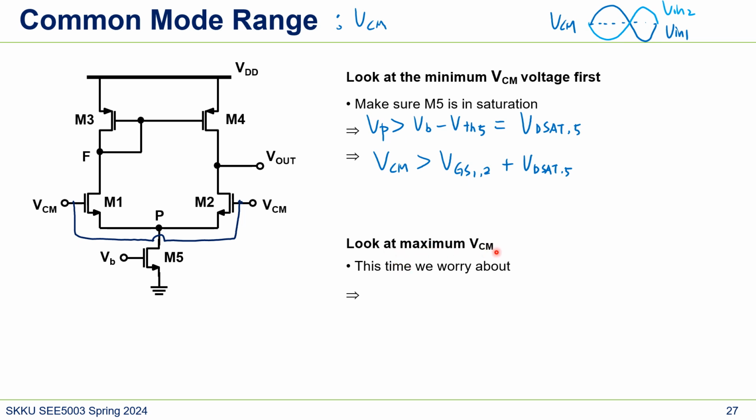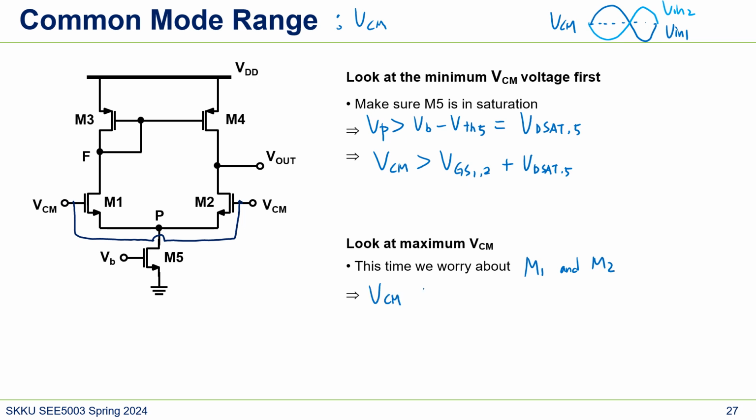And how about VCM maximum? So the maximum now, what we worry about is M1 and M2. Why? To place this M1 in saturation, the drain voltage should be high enough compared to VCM, right? So if we set VCM too high, the VF cannot be too high either. So to place this M1 in saturation, we need to limit the VCM maximum. So it's simple.